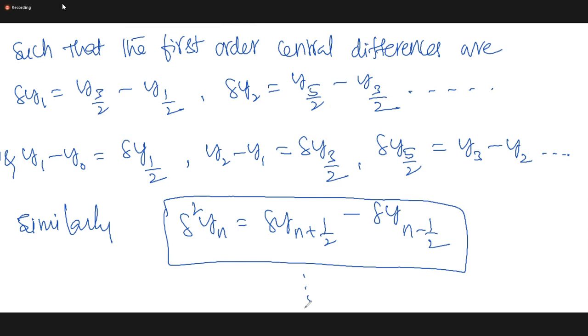You can also define third order central differences, fourth order central differences, etc. n is equal to 0, 1, 2, 3, and so on.